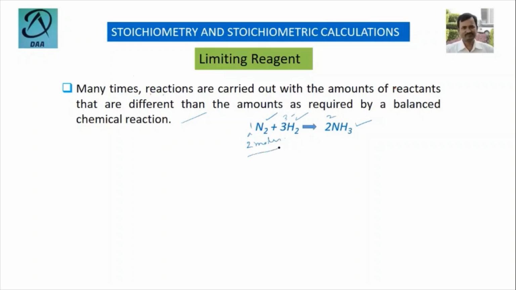Then 1 mole of nitrogen will be in excess. But if it is 6 moles of hydrogen, then 2 moles of nitrogen will be consumed to produce 2 moles of NH3 gas.